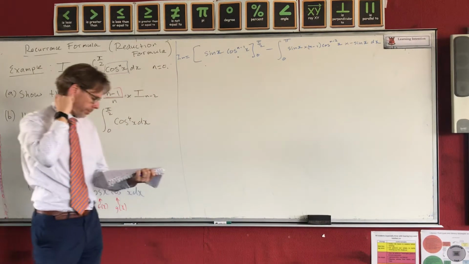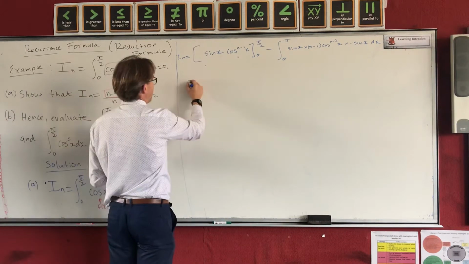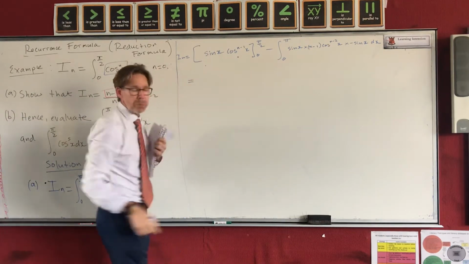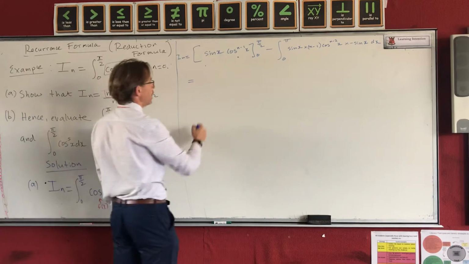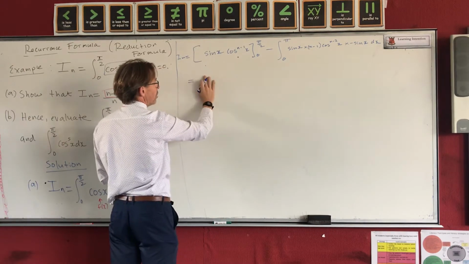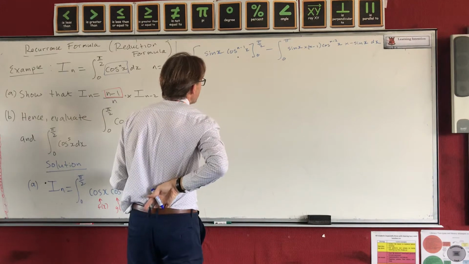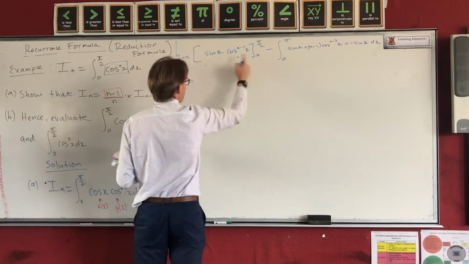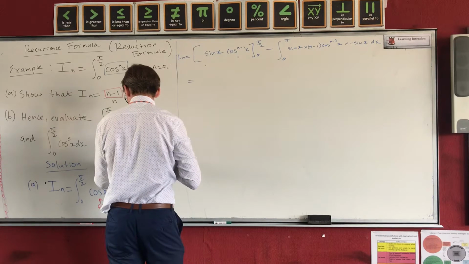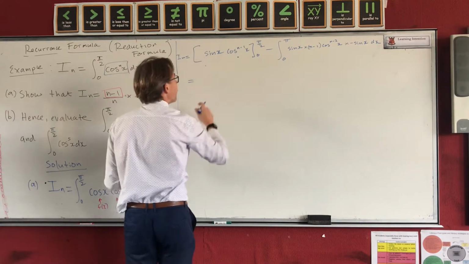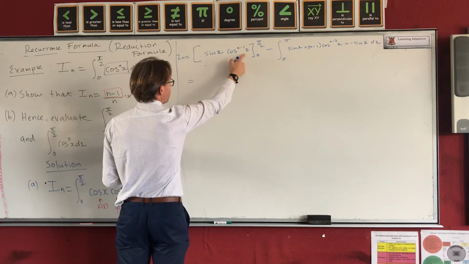Okay? Alright, so we can tighten it up a little bit. Now we know that the sine of 0 is 0, and the cosine of pi on 2 is 0.